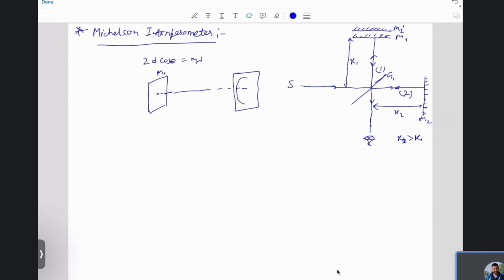So the fringe pattern will be like these circles, and this is your theta. Okay, and so this is the condition for getting constructive interference. Oh, sorry, for destructive interference. That means a dark fringe.